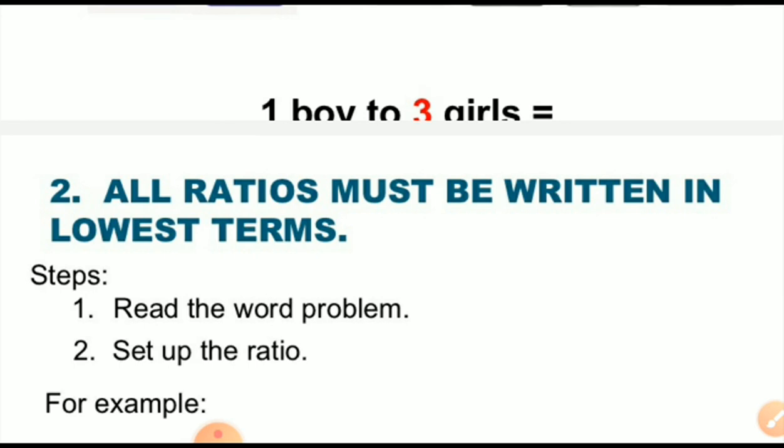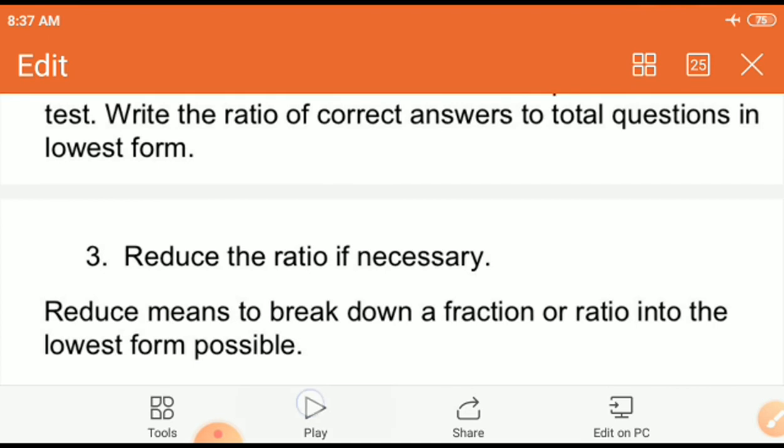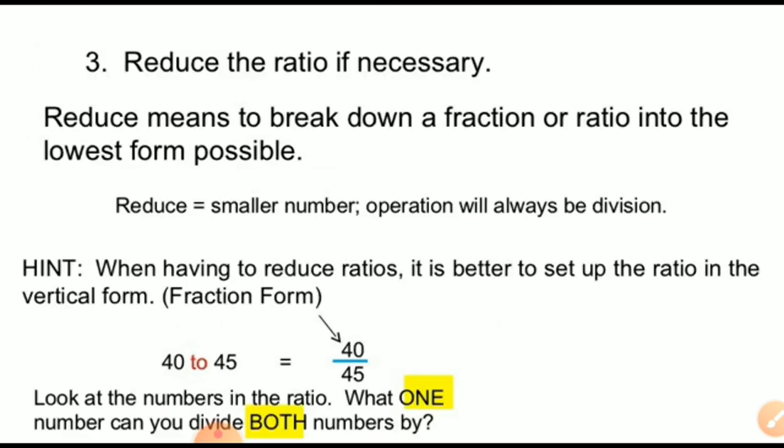Read the word problem, set up the ratio. For example, you scored 40 answers correct out of 45 problems on a test. Write the ratio of correct answers to total questions in lowest form. Yes, correct. Now look here.